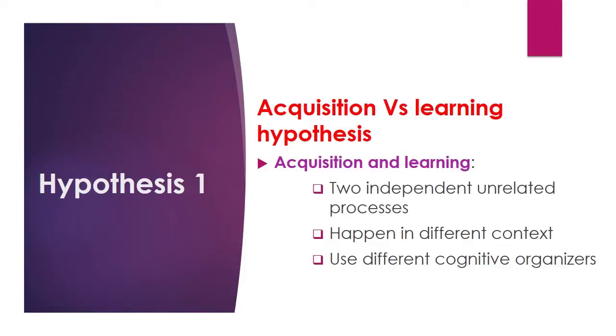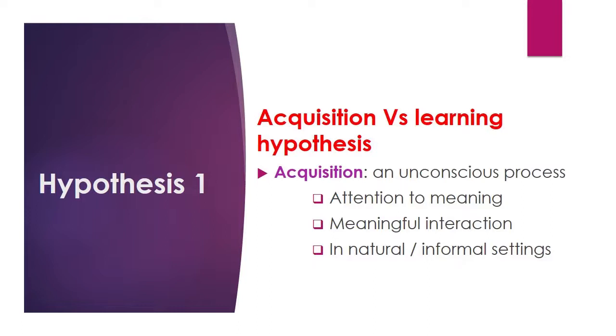The first hypothesis is the acquisition versus learning hypothesis. This hypothesis distinguishes between acquisition and learning. It views acquisition and learning as 2 independent and related processes that happen in different contexts using different strategies. In this respect, acquisition refers to the unconscious process through which humans gain and develop the capacity or ability to analyze, understand, and use language.